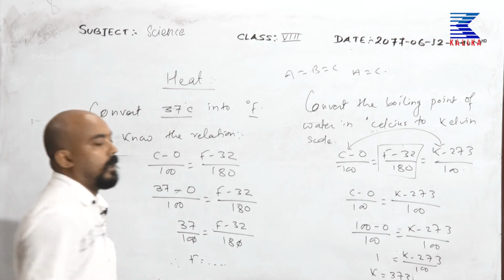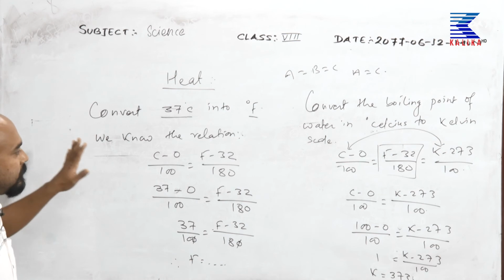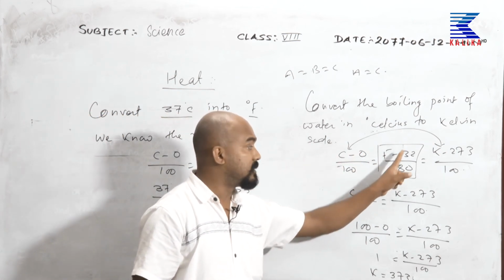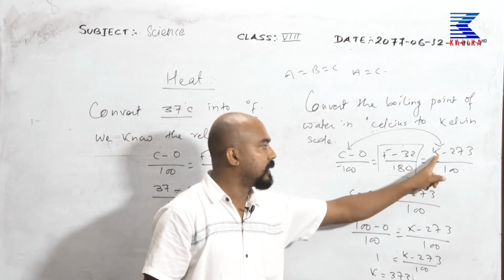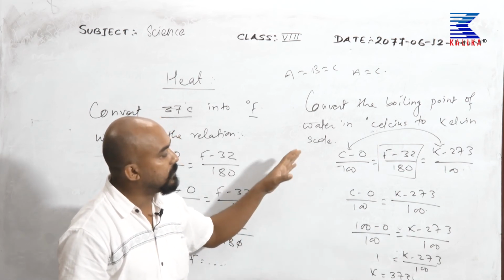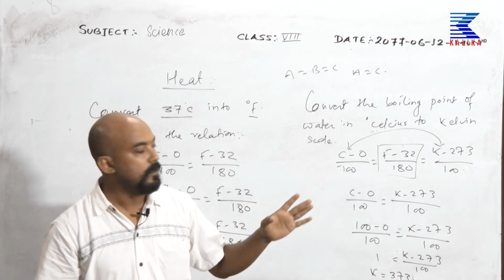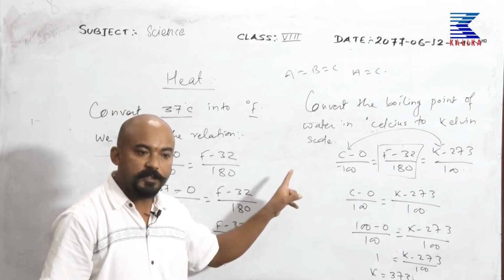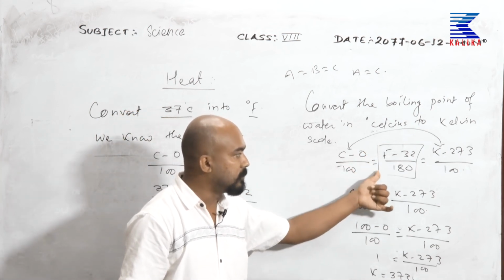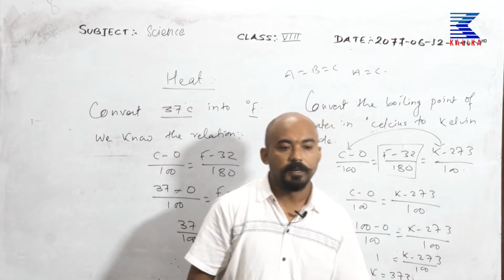That is the answer. Okay, I think you all got this. Just remember this relation: C minus 0 by 100 equal to F minus 32 by 180 equal to K minus 273 by 100. These are the relations between the different scales of temperature.